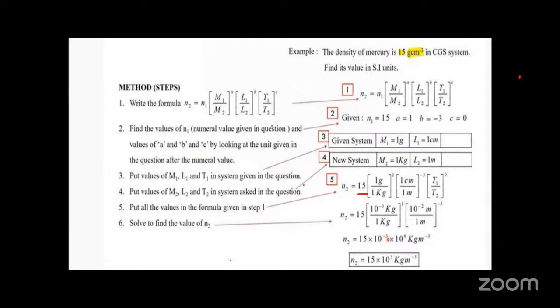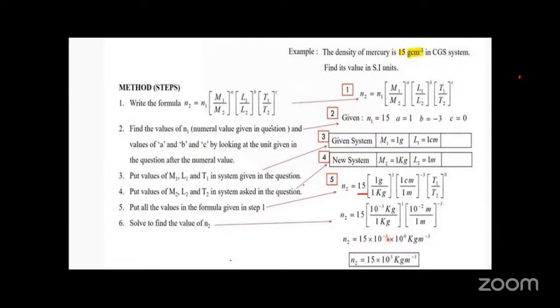And since there is no C, C is considered to be 0. If we put 0 there, it makes T1 over T2 become 1, because anything raised to 0 is equal to 1, and whatever you multiply by 1 is that same value. So the T on its own will fizzle out because it is raised to 0.